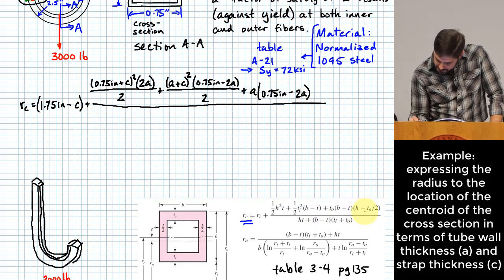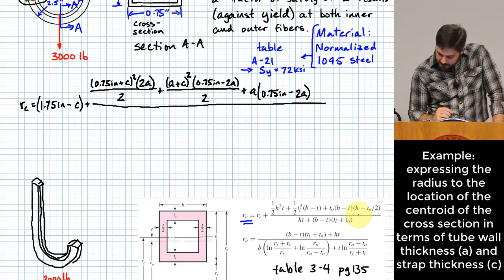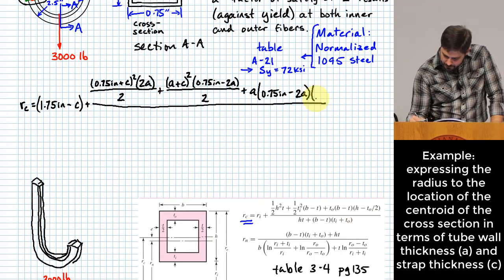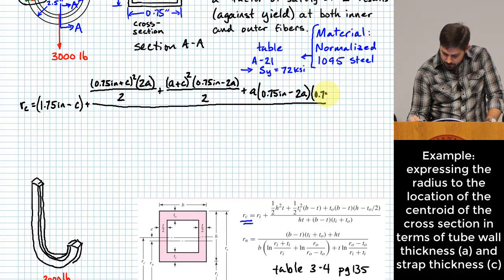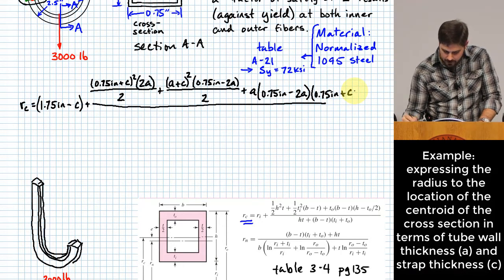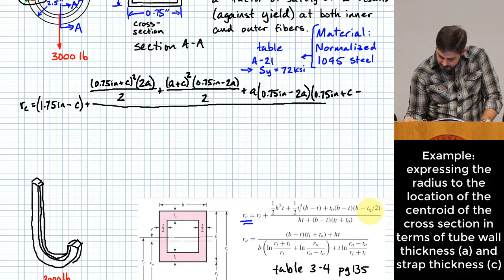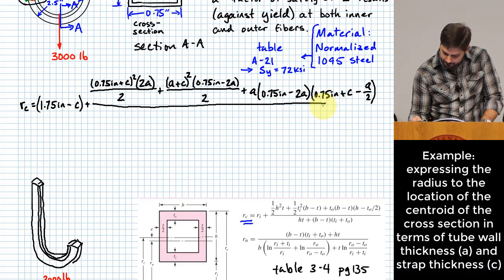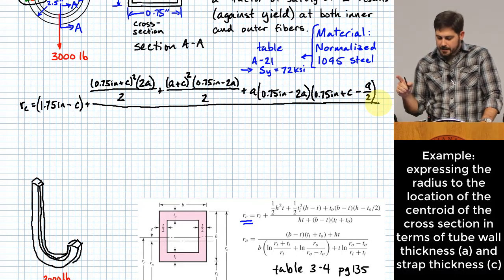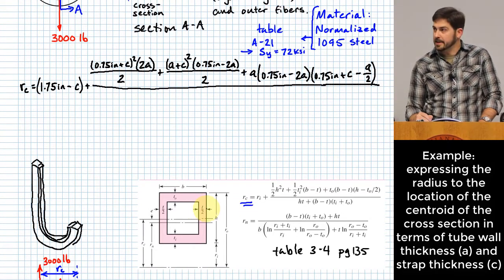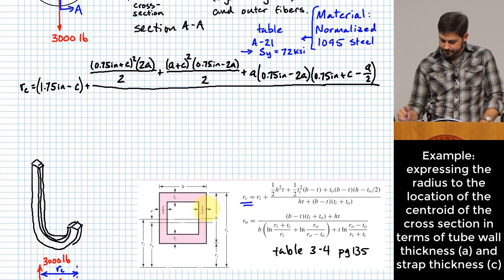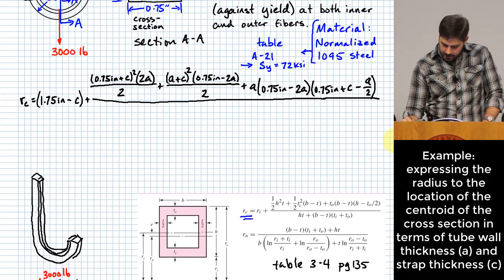Then this gets multiplied by H minus T sub O over 2. H again was 0.75 inches plus C. And then we subtract T sub O over 2, which is just A over 2. I see where you're going with that, but we have to be careful that the side walls are defined differently than that back wall or outer wall. So there's all that stuff.